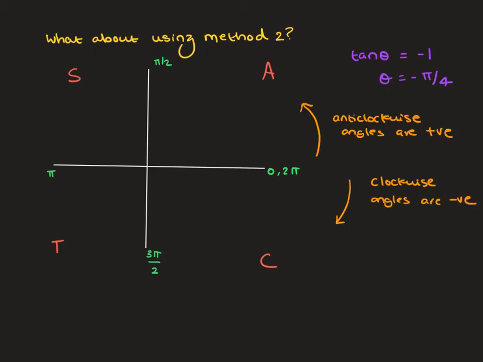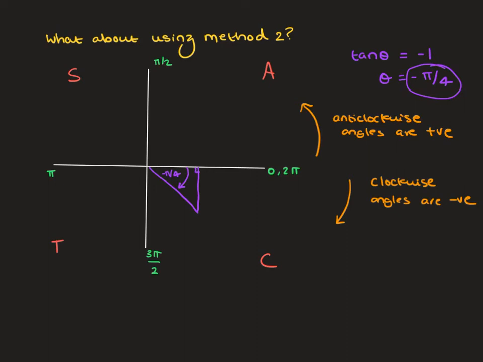But by convention, similarly, if you define or draw your angle in a clockwise direction, it's a negative angle. So if I want to represent an angle of negative pi by 4, I would start at the origin and then I would go round like this. So I can draw in my right angle triangle like that, and this angle here, drawn in a clockwise direction, is negative pi by 4. But of course, I want to find angles which are positive.